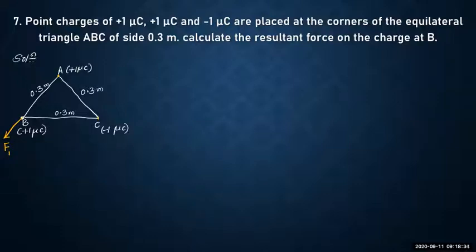Similarly, if you consider the force on B due to the charge at C, the charge at C is -1 microcoulomb, it is the negative charge, whereas the charge at B is positive. Hence, there will be an attractive force between them.